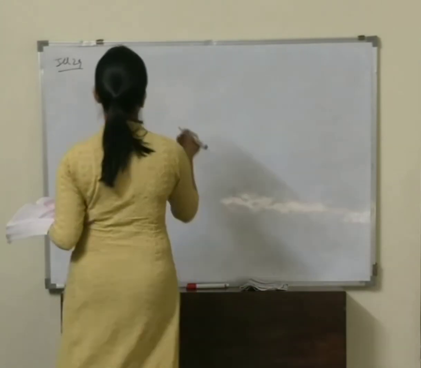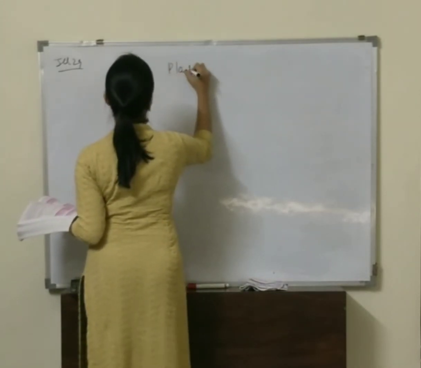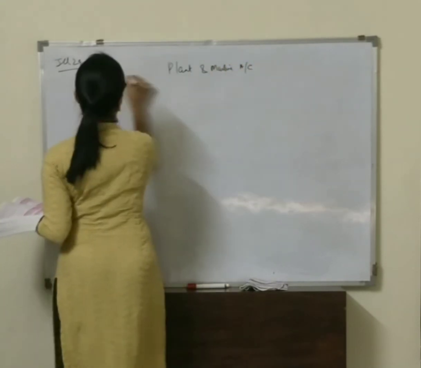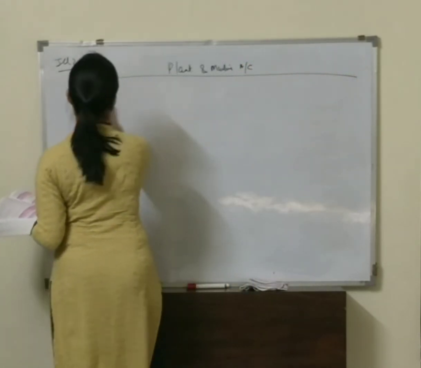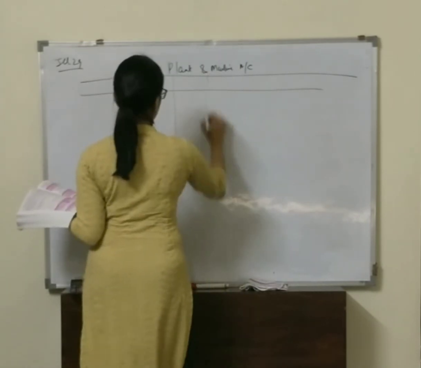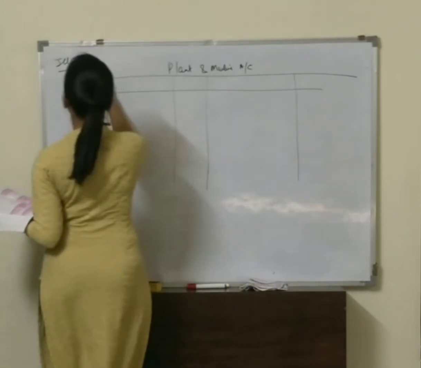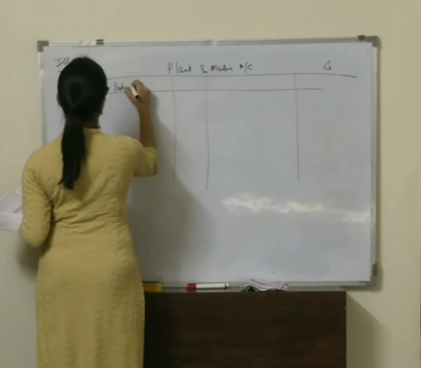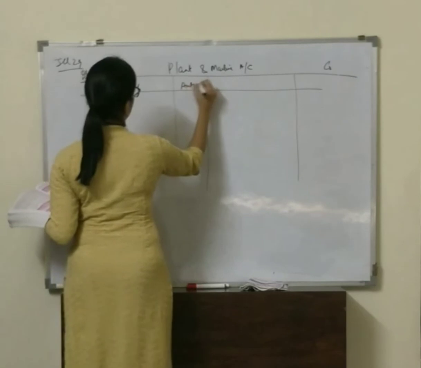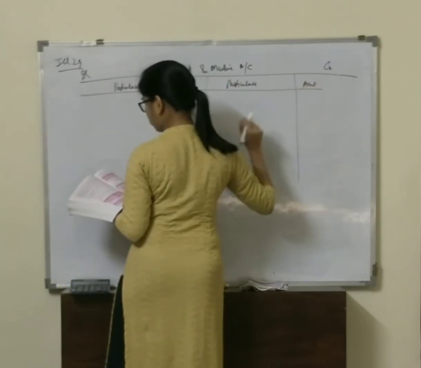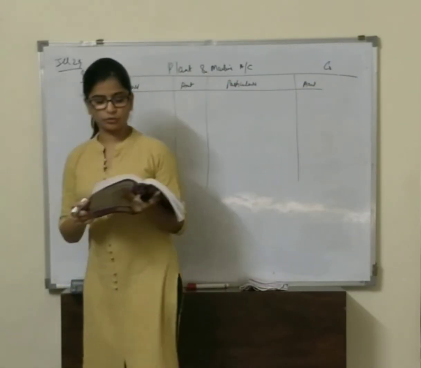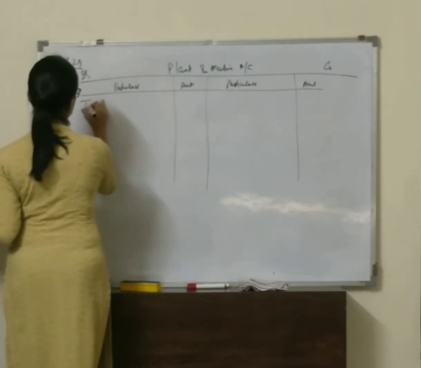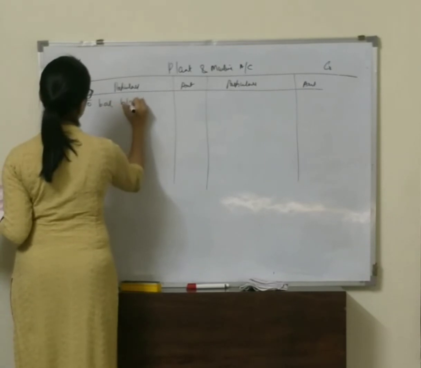So first we need to prepare our plant and machinery account. Okay, so we have particulars, amount, particulars and amount, debit side, credit side. This is our normal ledger account which you all had studied last year. In the balance sheet, they have given us 2 years balance, that is 2011 and 2012. So we write here: to balance brought down.